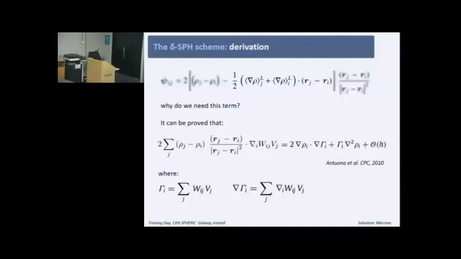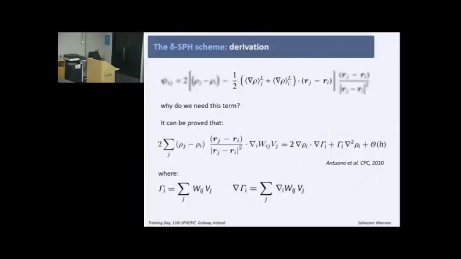So at a discrete level it's not purely a Laplacian of density, but it's multiplied by a gamma, so close to the boundaries it's not exactly a Laplacian of density. And moreover, more importantly, there is this term.